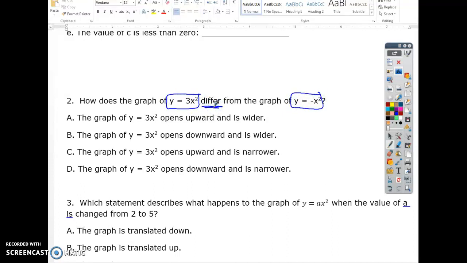How does this one differ from this one? Same thing here. It says, what happens to the graph of y equals ax squared when the value of a changes from 2 to 5? So one of the equations would have a 2, and the other equation would have a 5. So what happens if you put this in the calculator, or if you go by the notes that I just said, what happens from here to here?